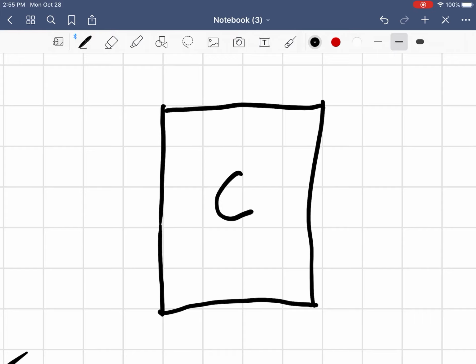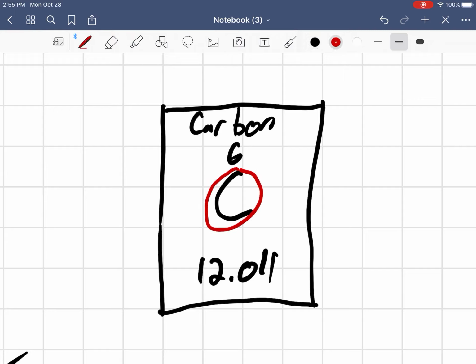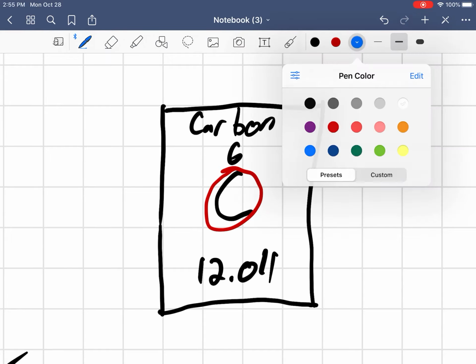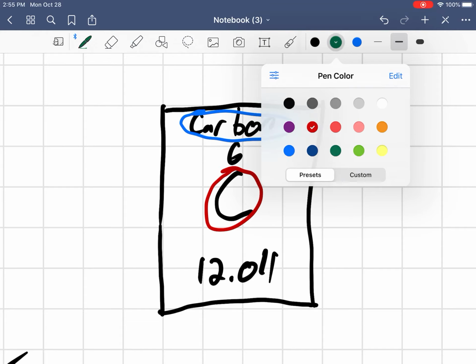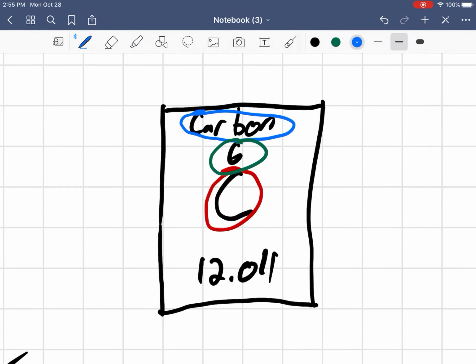Okay, so we have this carbon, okay, that's a 6.011, and of these different things, we've got the symbol, here circled in red. We have the name that I told you to circle in blue. Okay, the atomic number was meant to be done in green. Okay, and then the atomic mass in orange. Okay, like that. So that's what that slide should look like.